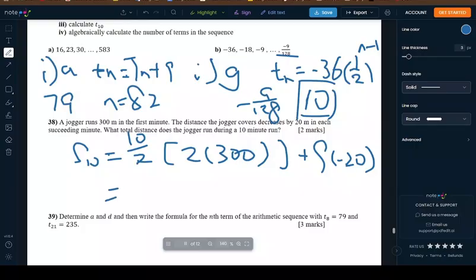So this is going to give us 5 multiplied by 600 minus 180. Sorry, so 600 minus 180 multiplied by 5 is going to equal 2100. So use your formula, guys.